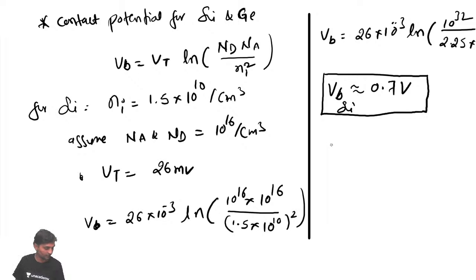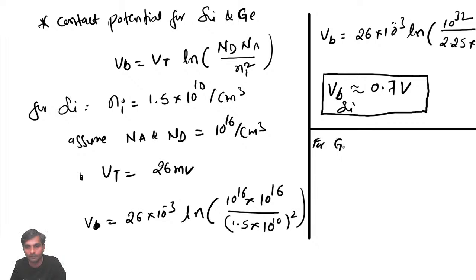Similarly for germanium, Ni, what we know, is going to be 2.5 into 10 to the power of 13 per centimeter cube.